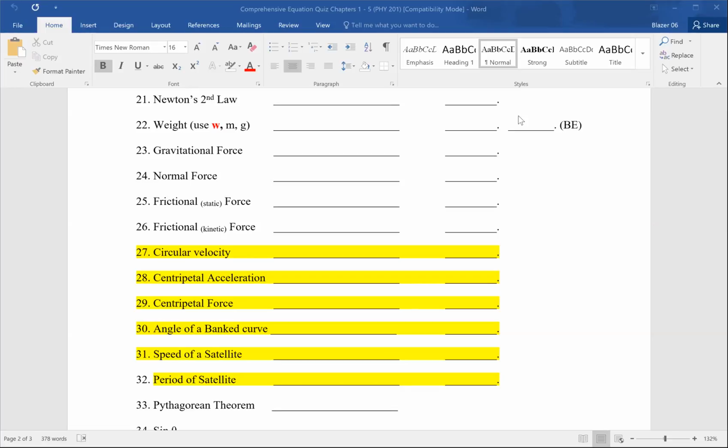Let me see what someone is saying. Someone said 29. I'm not thinking that. Let's see what 29 says. 29 says the centripetal force.